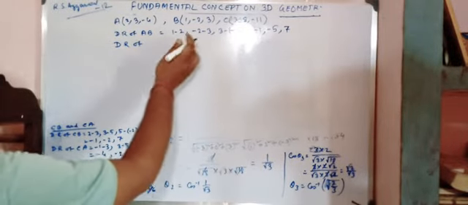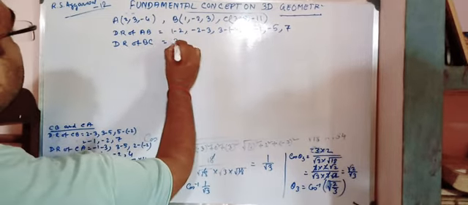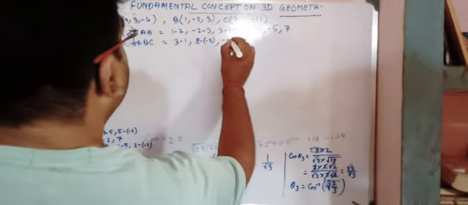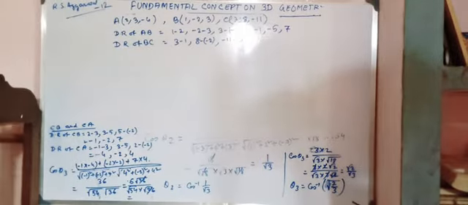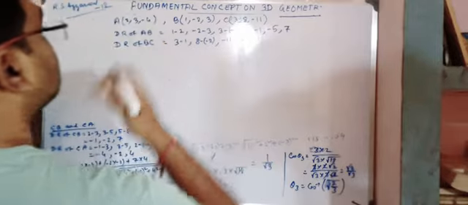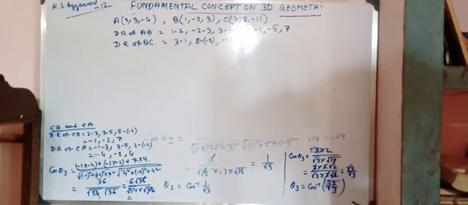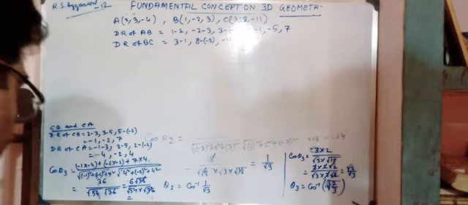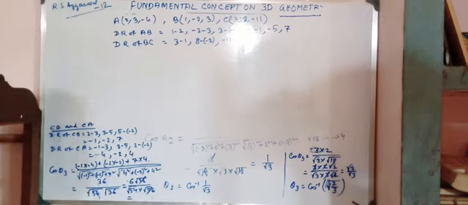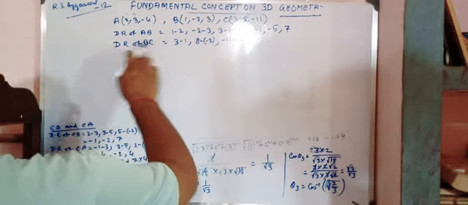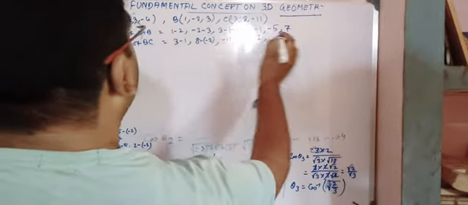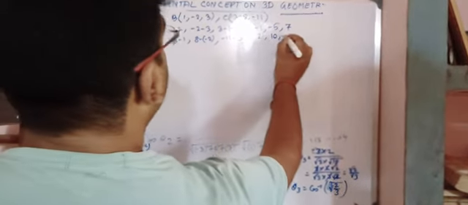Similarly, direction ratio of BC is 3 minus 1, 8 minus of minus 2, minus 11 minus 3. So that is 2, 8 plus 2 means 10, and -14.